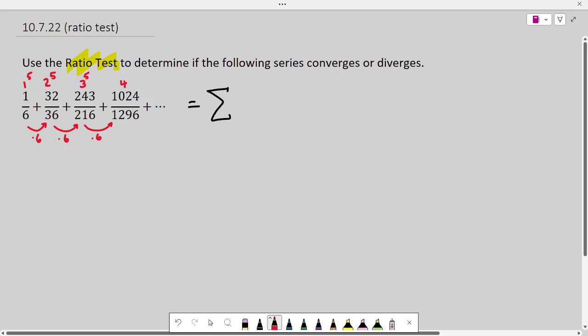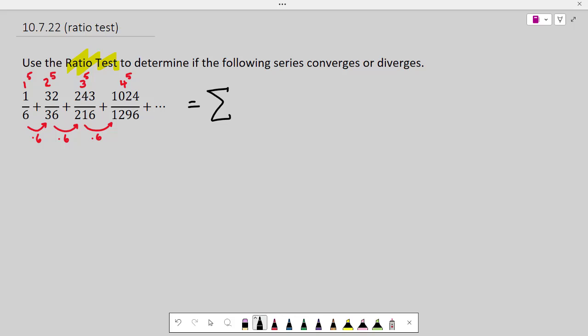Let's check. 3 to the 5, that's 9 times 9, which is 81, and 81 times 3 is 243. Then 4 to the 5, that's 256 times 4, which is 1024. Yeah, good, I agree with you, 100%. k equals 1 on the bottom.